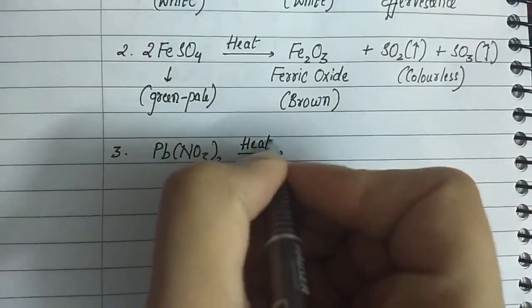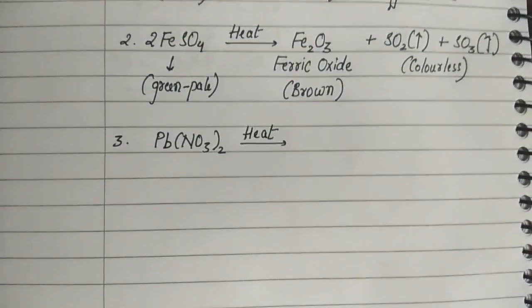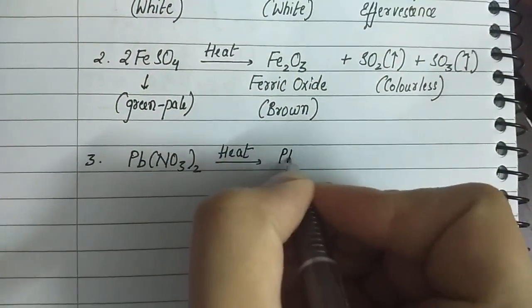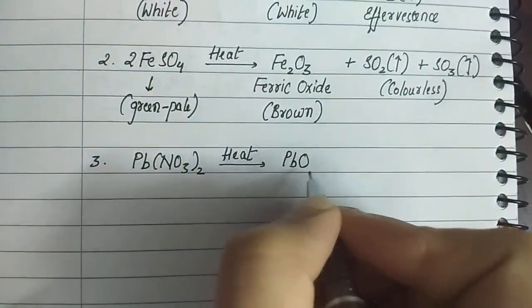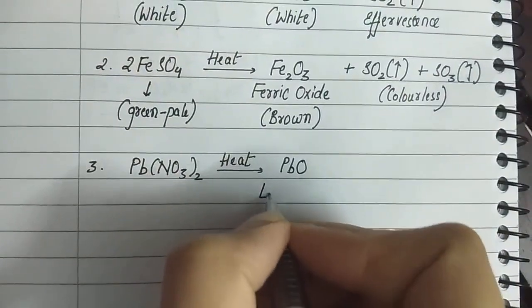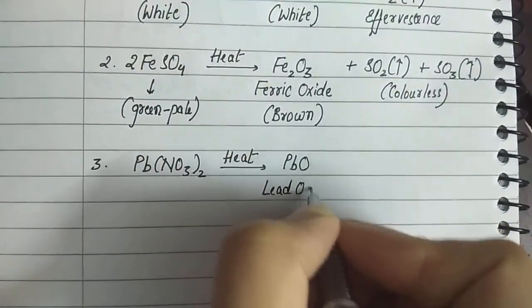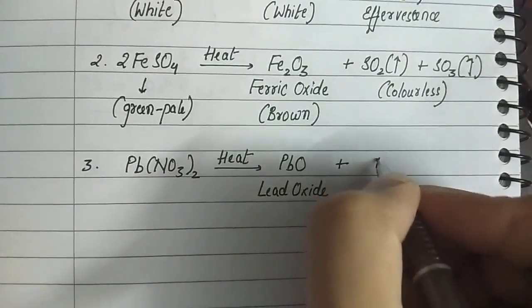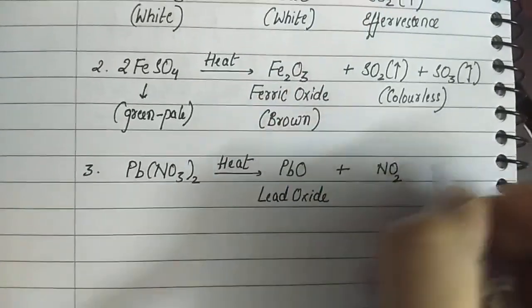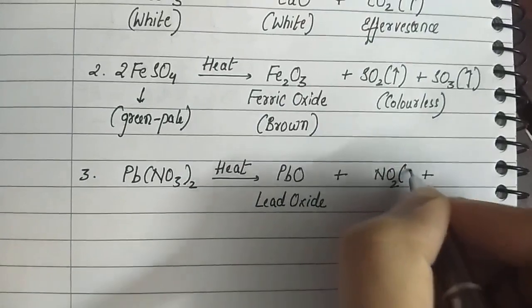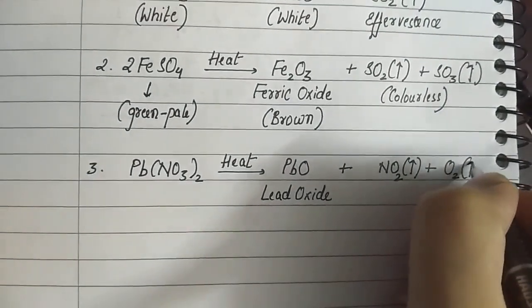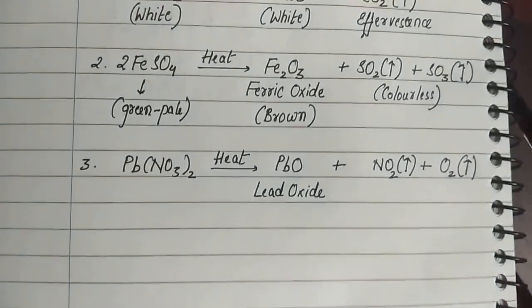When the solid lead nitrate is heated, it decomposes to again give three products: lead oxide, nitrogen dioxide, which is a gas, and the third product, oxygen, which is again a gas.